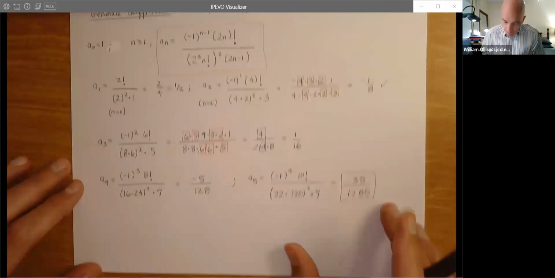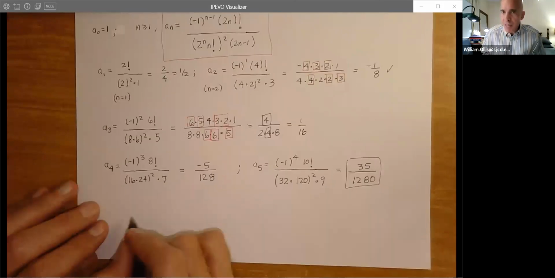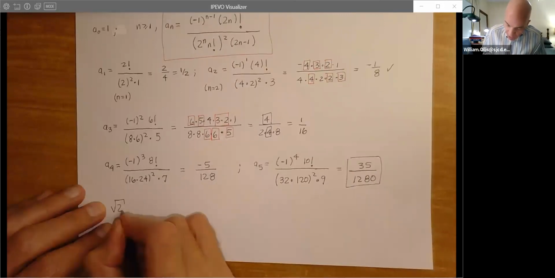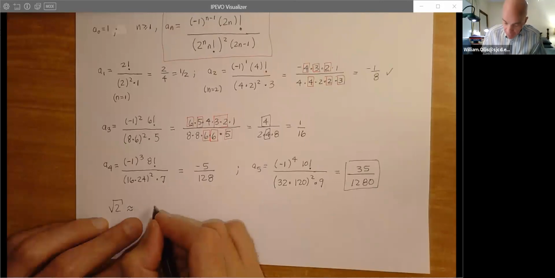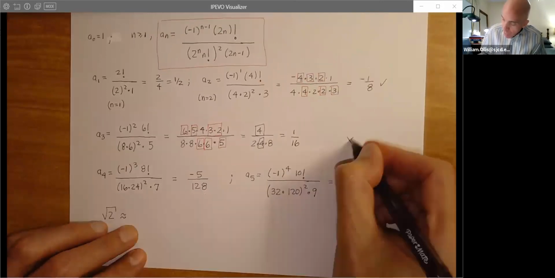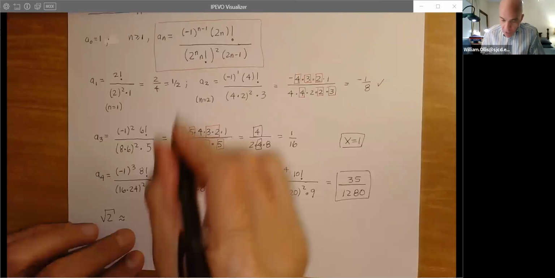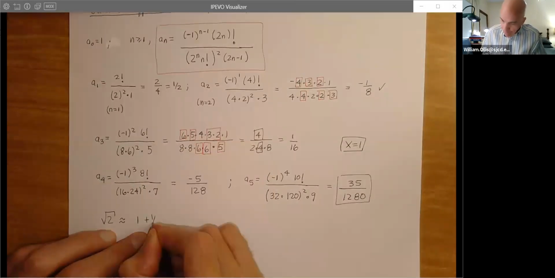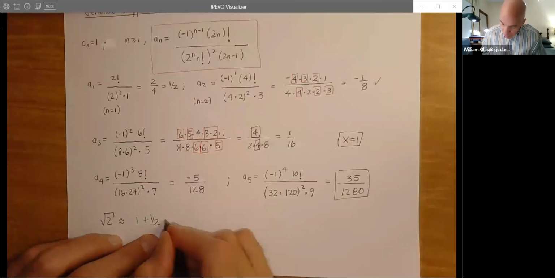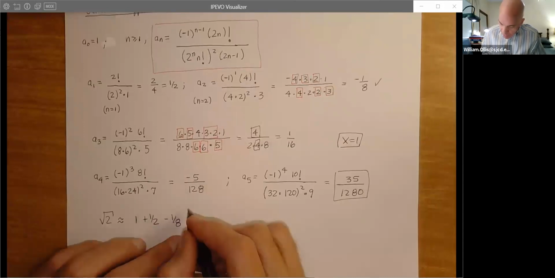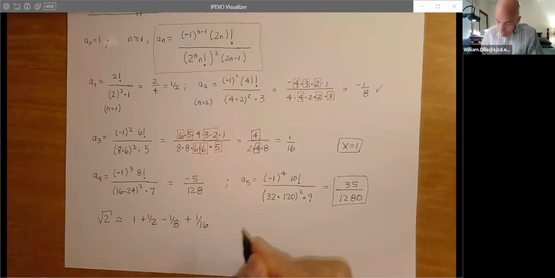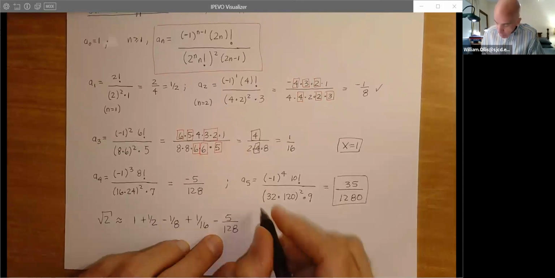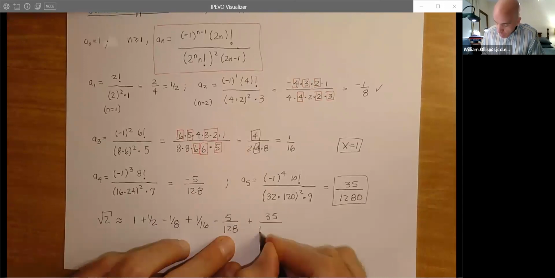So now what we can see is, and this is not the best approximation, I just gave several decimals. So square root of 2 will be approximately, let's just write them down. Remember, x equals 1, so all the powers are 1. So just add up the coefficients: 1 plus 1/2 minus 1/8 plus 1/16 minus 5 over 128 plus 35 over 1,280.